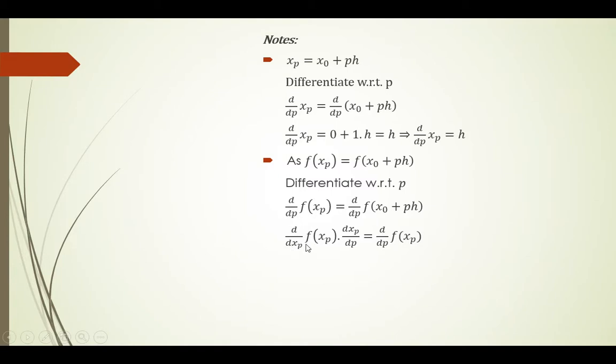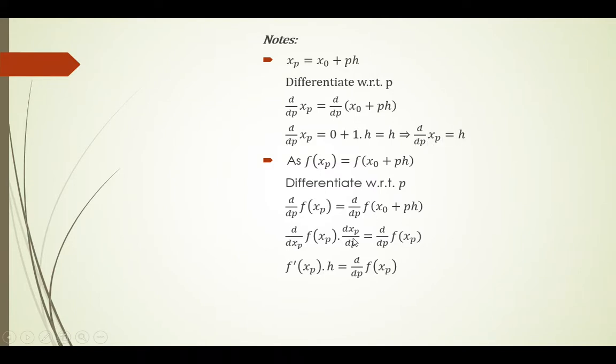So that is d by dxp of f of xp into dxp by dp is equal to f, and this whole thing is equal to xp. This thing can be denoted by f prime, so that is f prime of xp, and dxp by dp from this equation is equal to h.